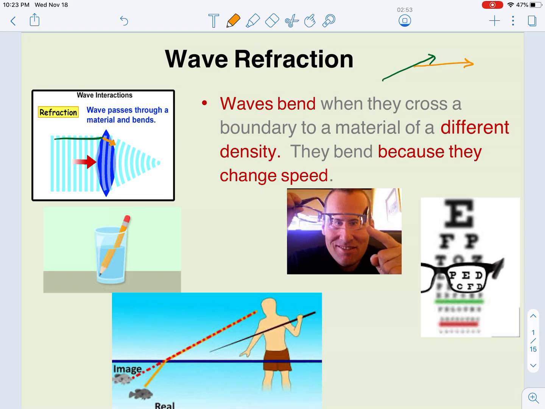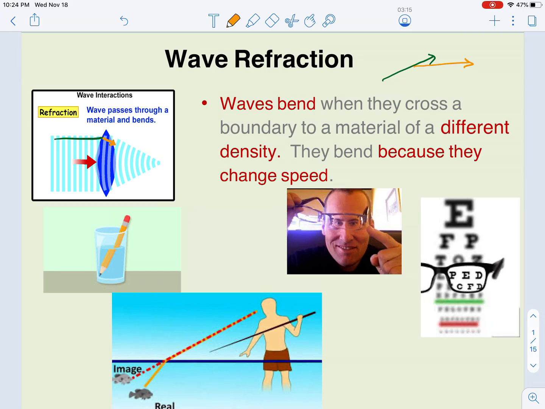Let's look at the picture of the pencil in the cup of water. You may have noticed something like this with a straw inside of your glass, maybe when you're out at a restaurant. It may look like the straw is not in a straight line, but we know that the straw is straight. This is not one of those silly straws, it's a regular straw.